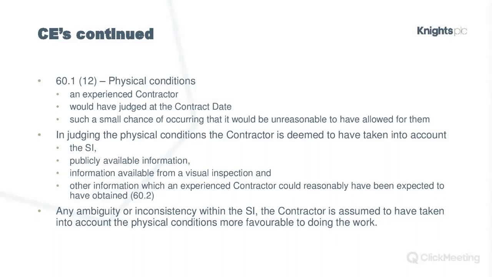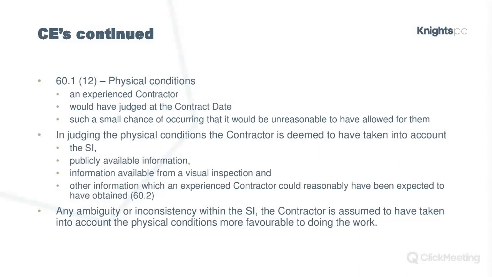So the first one is the site information. So that is why the site information is in the contract. Be careful, because what we're seeing now is that common JCT clause within the Z amendments, which says any reports, any site information that's in the contract, employer takes no liability for it being right or wrong, negligence or otherwise.